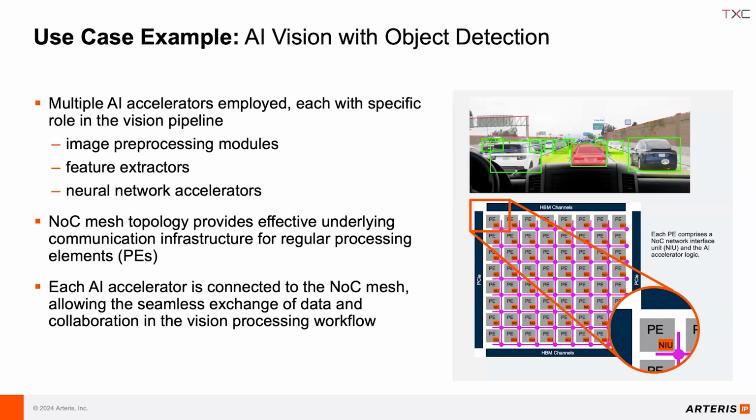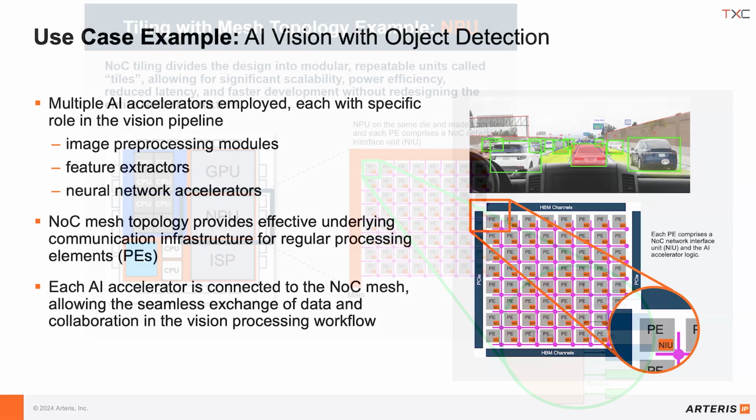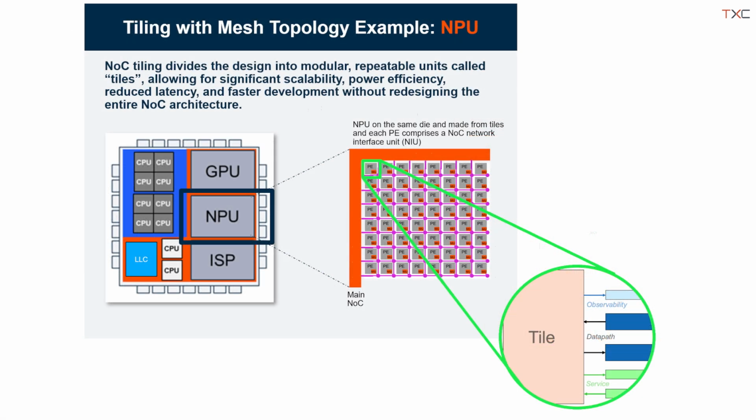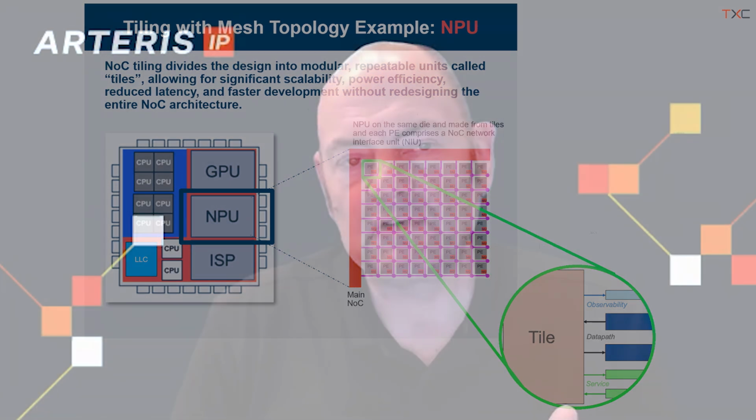Multiple AI accelerators, including image processing modules, feature extractors, and neural network accelerators, are all employed in the vision pipeline. NoC mesh topology provides the most effective communication infrastructure for these processing elements, allowing seamless data exchange and collaboration amongst the accelerators. So this is an ideal candidate for building a neural processing unit as part of that vision pipeline, and also an ideal candidate because each of these elements is identical.